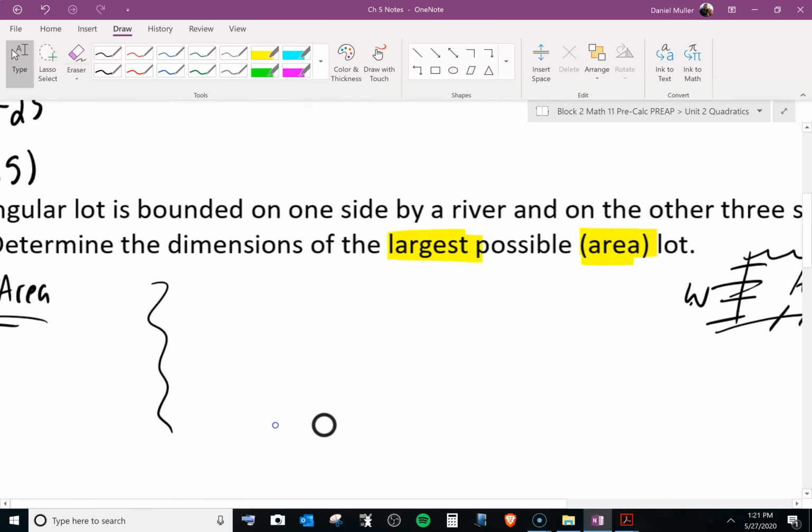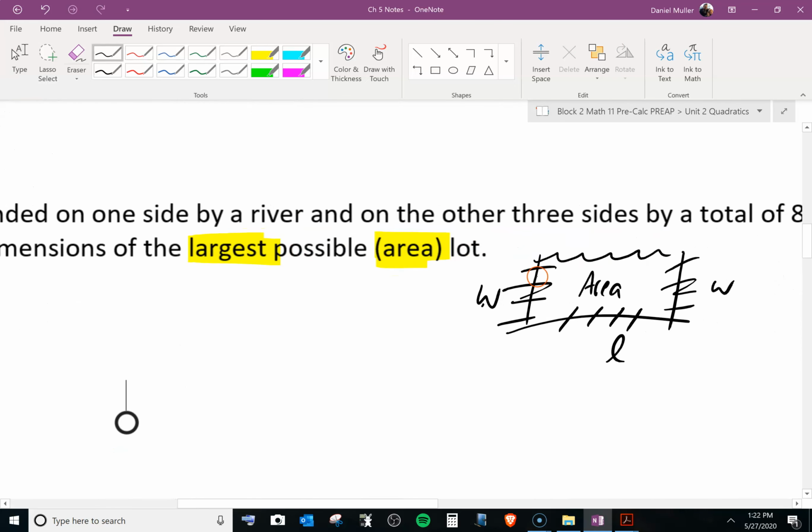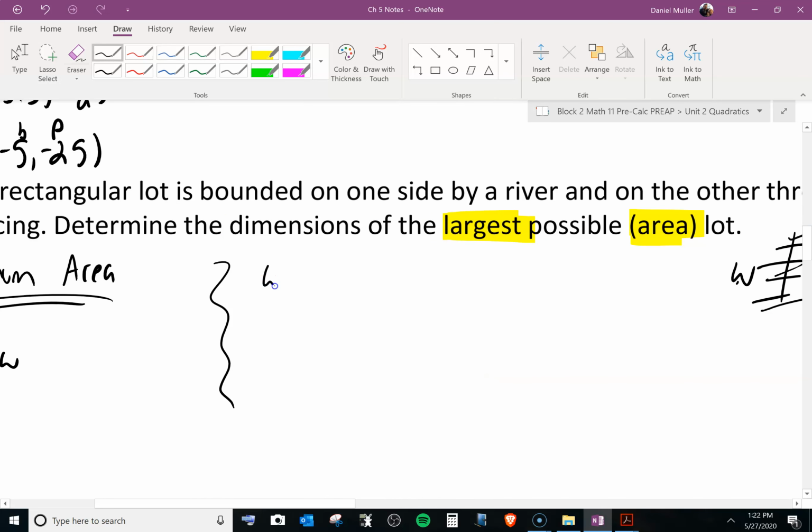Yeah, 80 meters of fencing. Meaning that if we added up this width plus this length plus this width, we would get 80. Now, this is a W and a W, so you can write that as 2 W's. So the length plus 2 W's gets you 80.